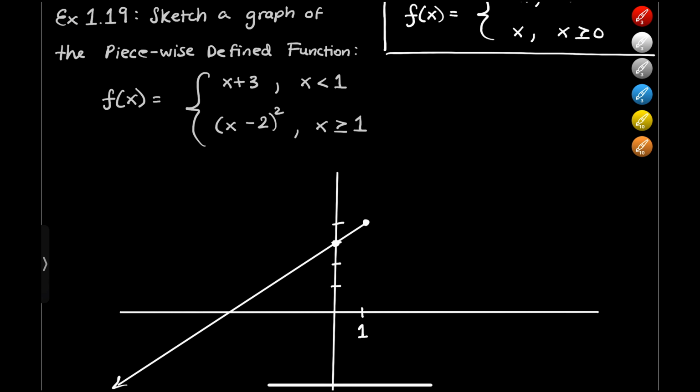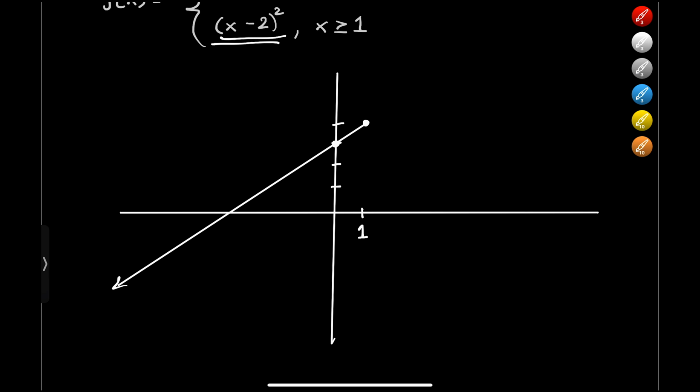And so the second part is this. It's going to be x minus 2, and all of that is going to be squared. And that's when x is greater than or equal to 1. If we plug in 1 into this function, we will get 1 minus 2, which is negative 1, and that squared is equal to positive 1. So we'll have a 1 here.